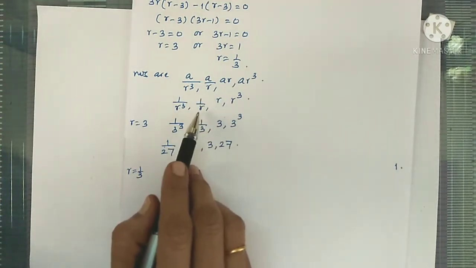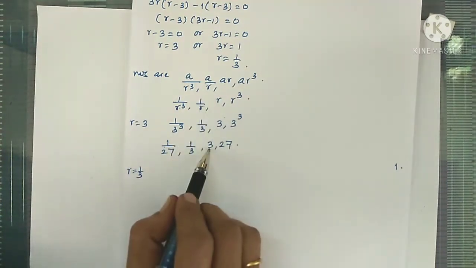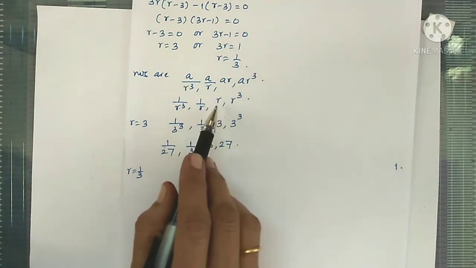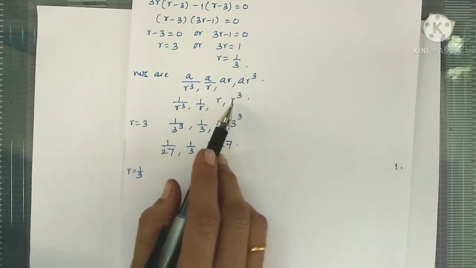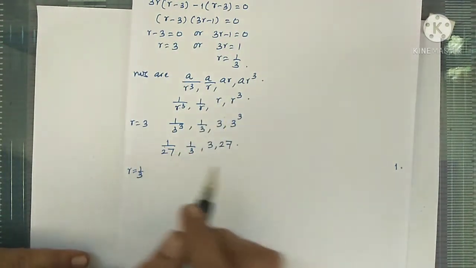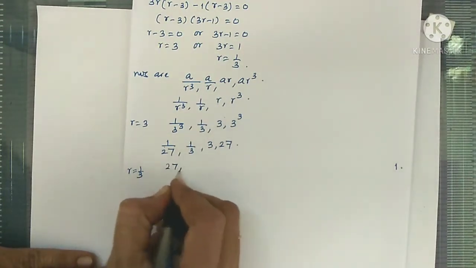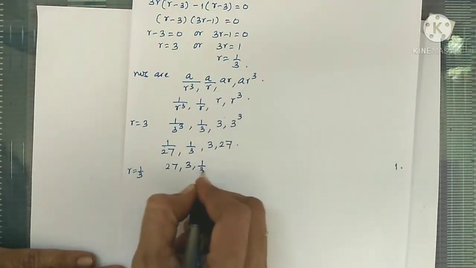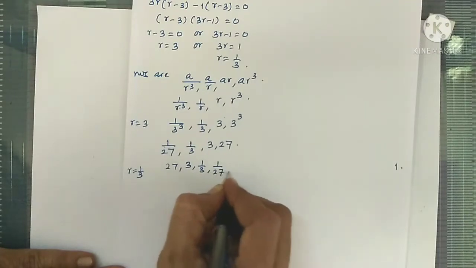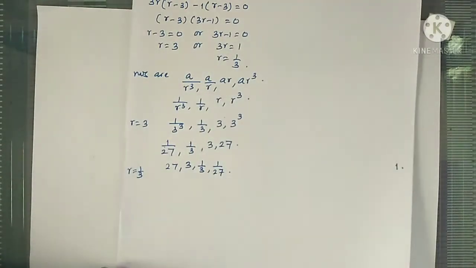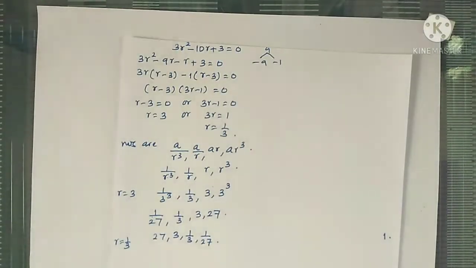Then 1 upon 1/3 is 3. Then r is 1/3, so the third will be 1/3. And here it is 1/3³, which is 1/27. So we get the same numbers but in reverse order if r is 1/3. Okay, so putting a = 1 and r = 3 and 1/3, we get this.